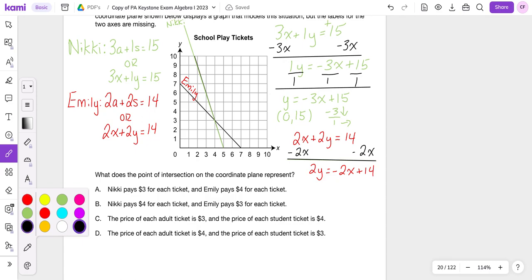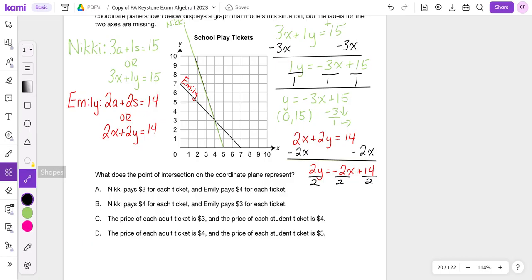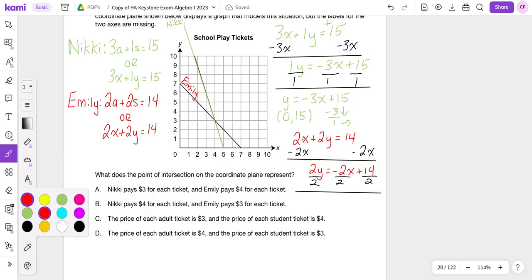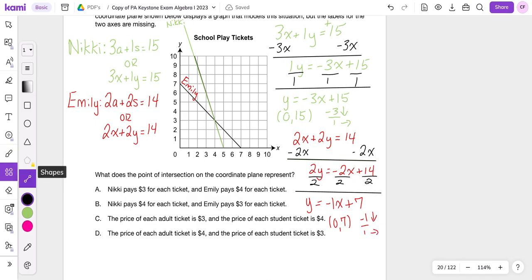Divide everything by 2 to separate the number from the variable. And what that would give us is y equals negative 1x plus 7, which would have a y-intercept of 0, 7, with a slope of negative 1 over 1, down 1 and right 1, which was this one right here.